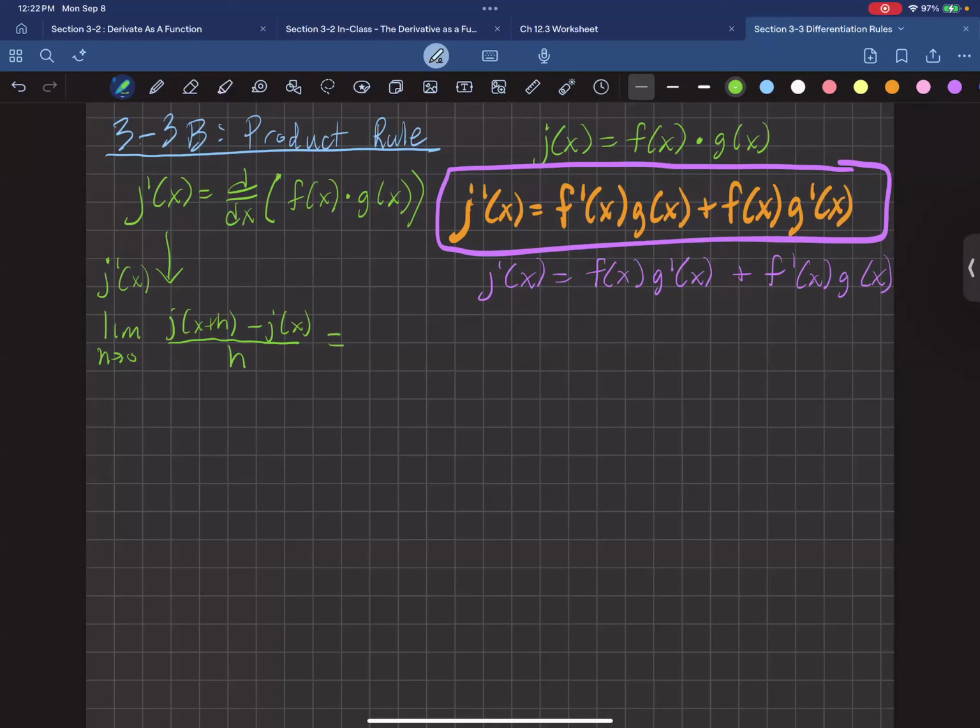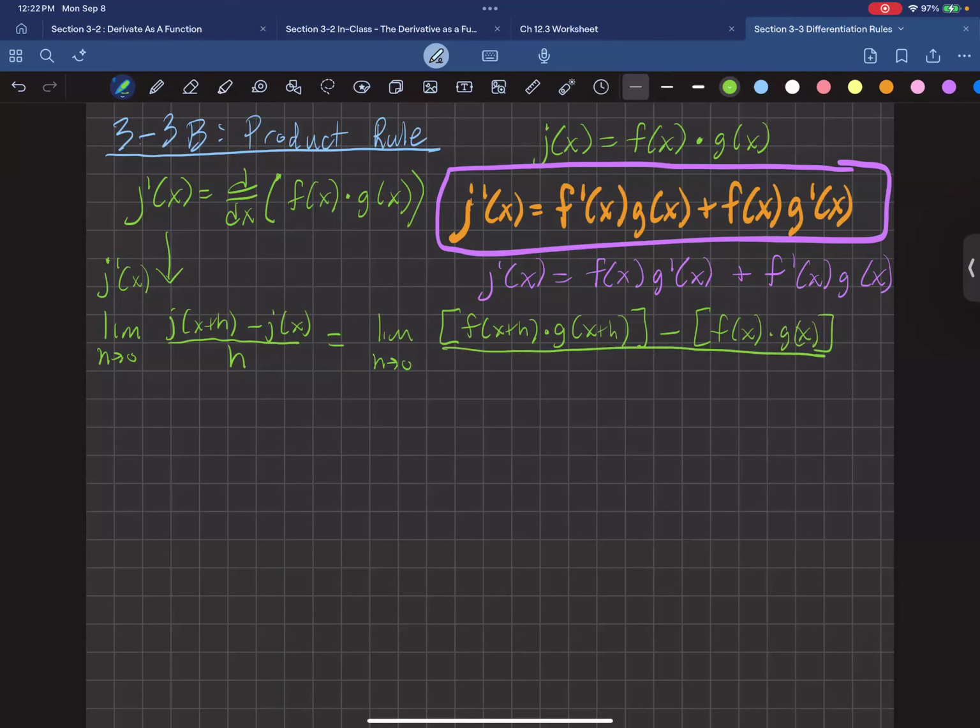And I'm going to replace J of X with F of X times G of X. So I have the limit as H goes to 0 of F of X plus H times G of X plus H minus F of X times G of X, all over H.